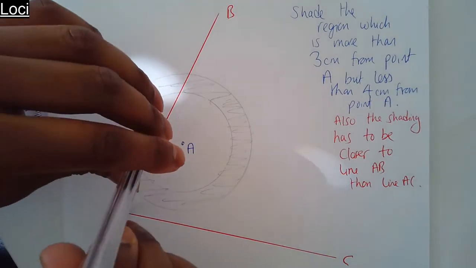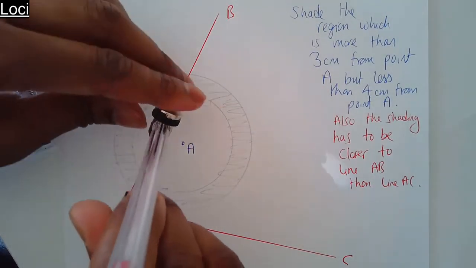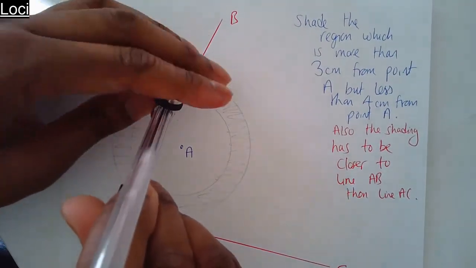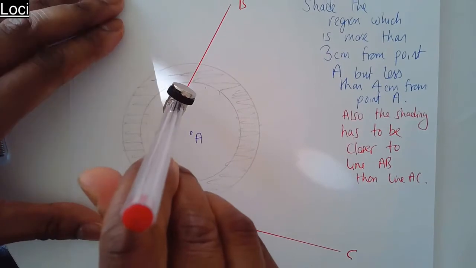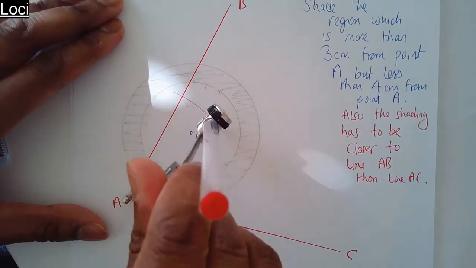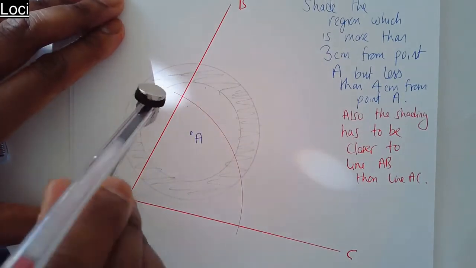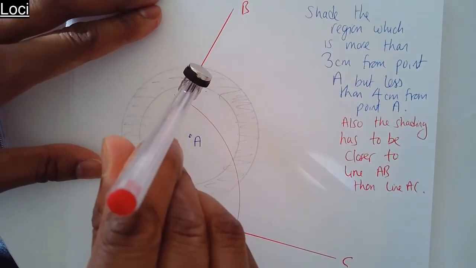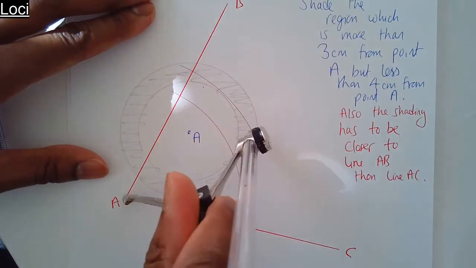You can put the tip of the pen anywhere you want along this line. Then draw yourself an arc. Extend this out a little bit and just draw another one.